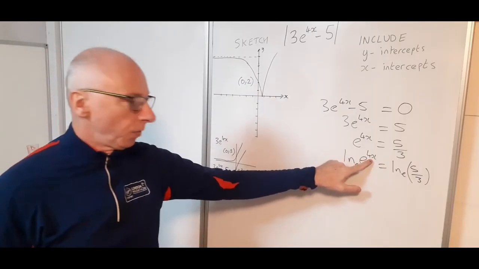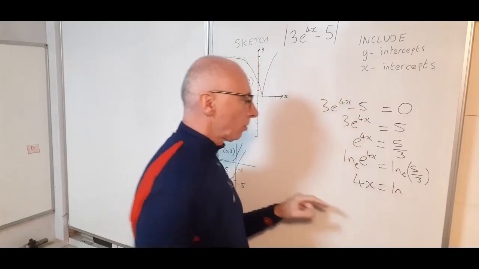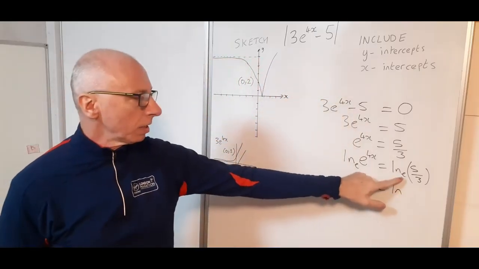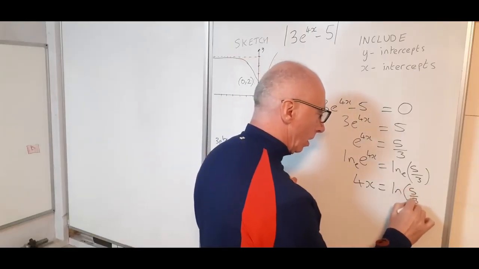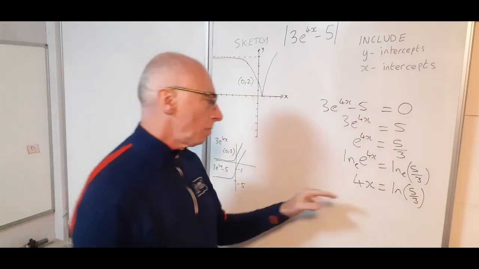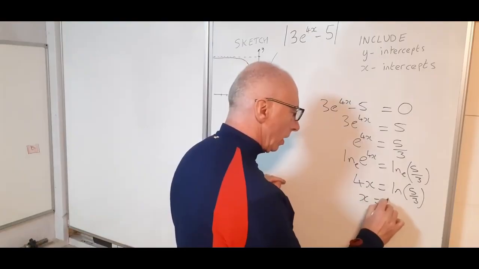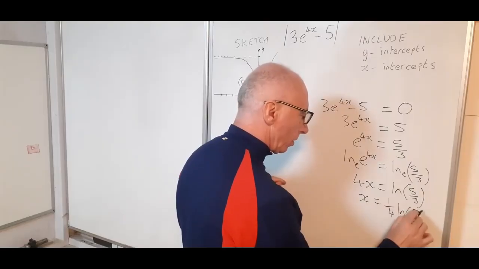So now I'm just left with 4x. So 4x equals, I'm just going to write natural log now. Forget the e, we know natural log is base e. So natural log of 5/3. Okay. Now to get x on its own, just divide both sides by 4. So x equals 1/4 of the natural log of 5/3.